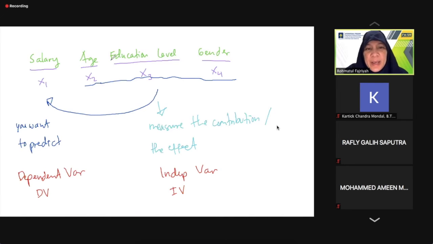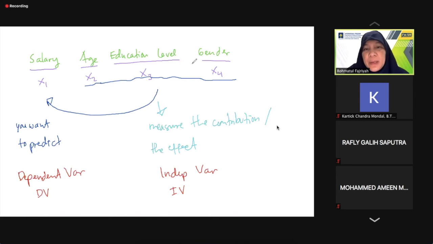of salary, age, and education level towards gender. Do you think gender is defined by salary, age, and education level? Statistically it is okay, mathematically it is okay. We can predict anyone for anything from these four variables.